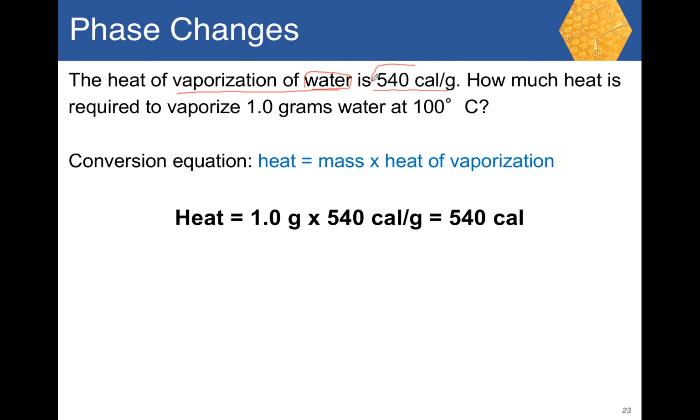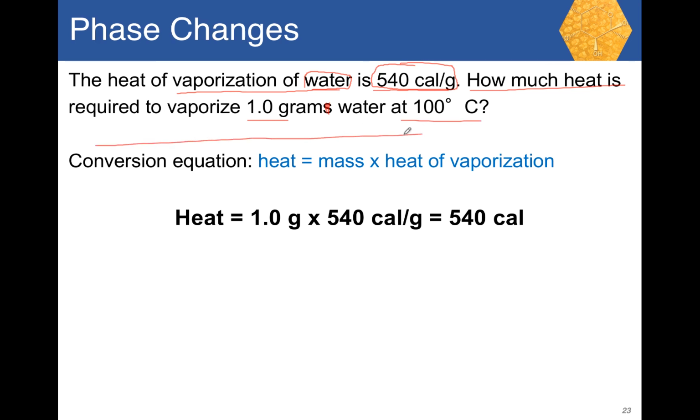This is a constant for water. It varies for different compounds, but for water it's 540 calories per gram. So the question now becomes, how can we apply this? How much heat is required to vaporize 1 gram of water at 100 degrees C?